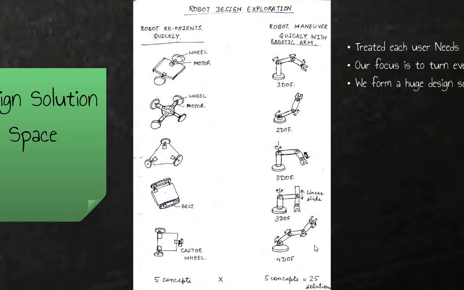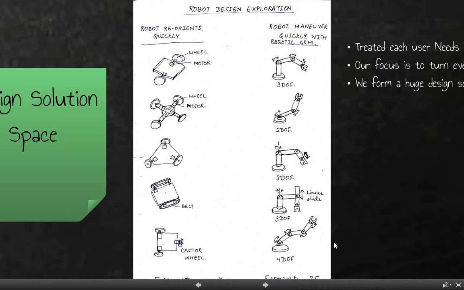So now we have all in all 5 alternatives to solve the first subpart, and 5 concepts to solve subpart B. And if we recall, we have not yet addressed the other 2 user needs, but still we have 25 available solutions.